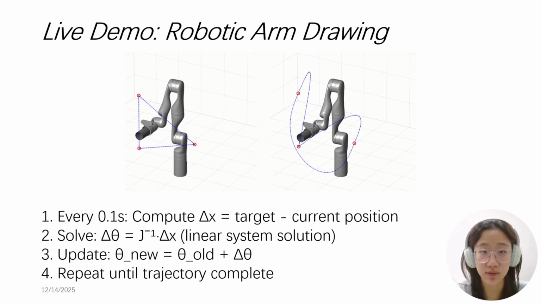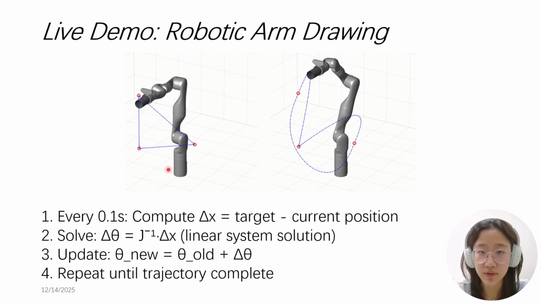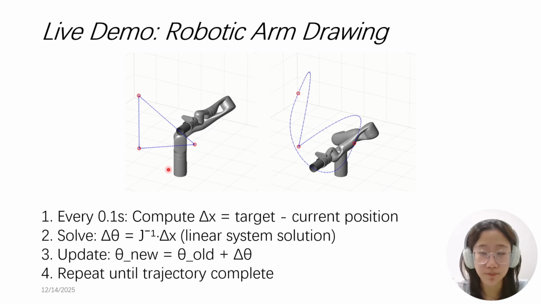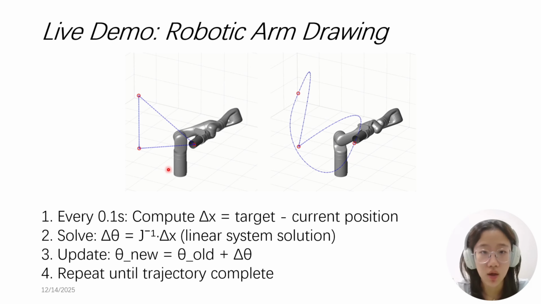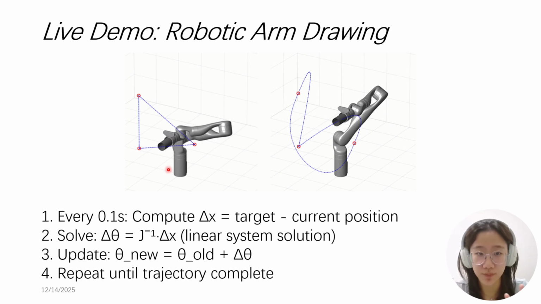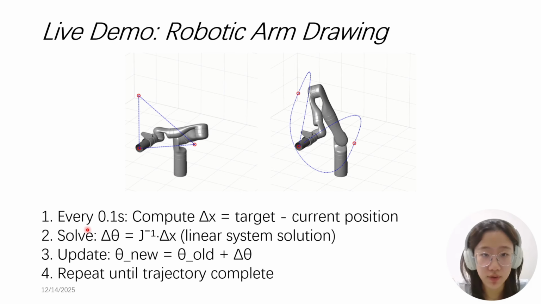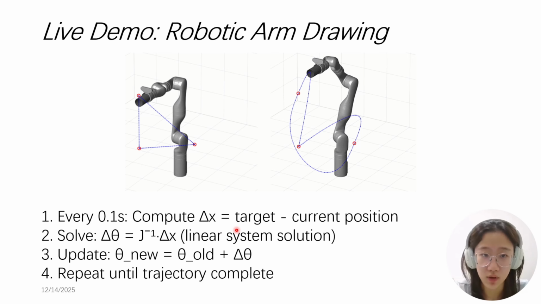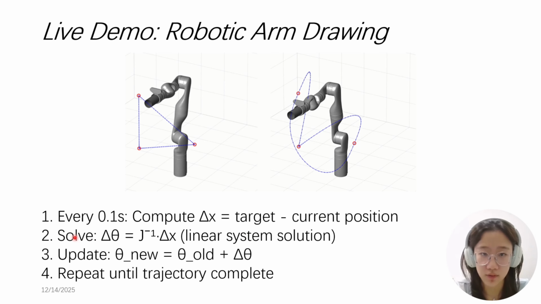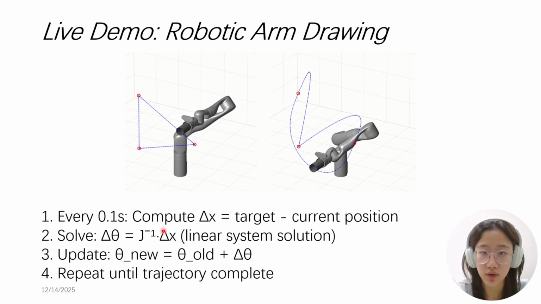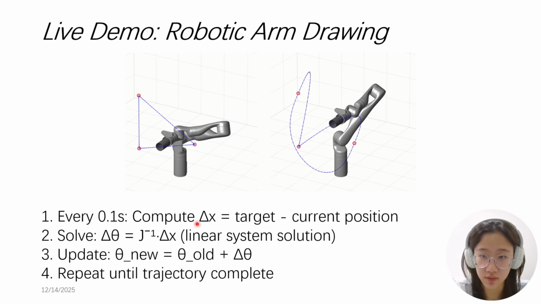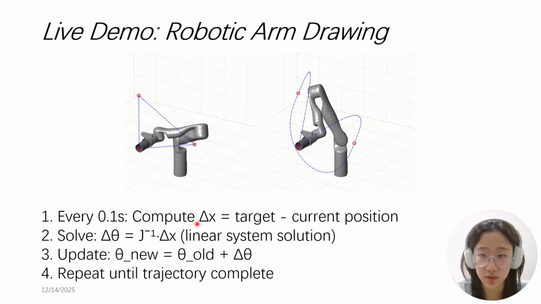Let's see this in action. In this demo, the robot is drawing a complex shape. How does it do it? It uses a four-step loop. First, it calculates the gap between where it is and where it wants to be. And then, crucially, it solves the linear system: delta theta equals the inverse J multiplied by delta x.